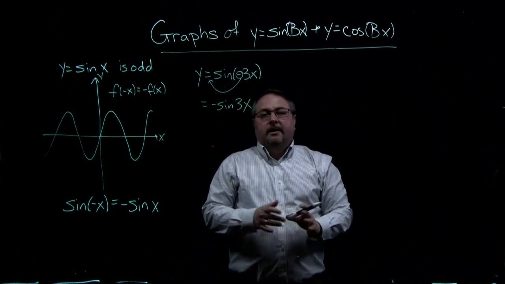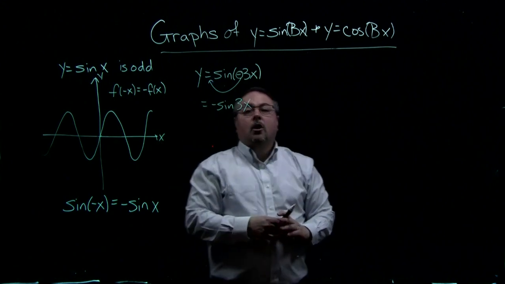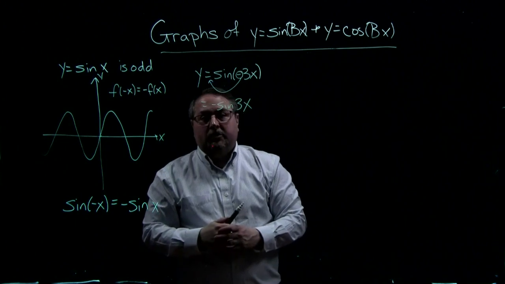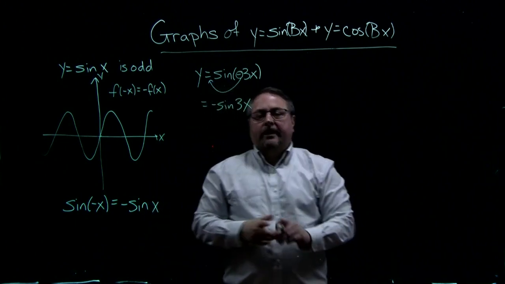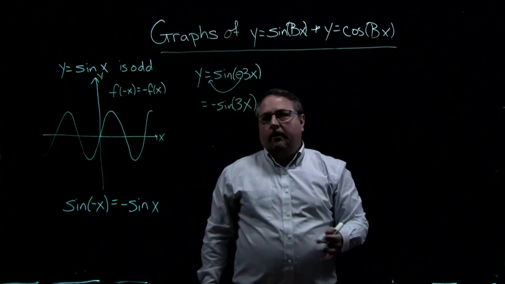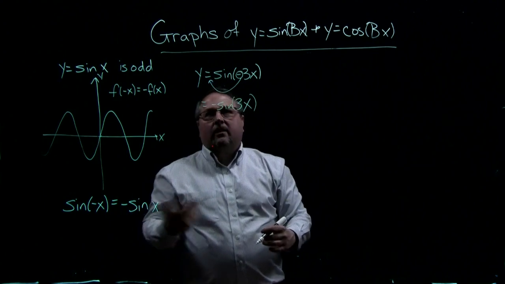This is going to be a combination of what we did in the last video and what we're doing here, where we flip the graph upside down because we're multiplying the function by -1, and then we're also manipulating the graph horizontally, and our period will be 2 pi over 3. So there's also going to be this additional flip upside down.